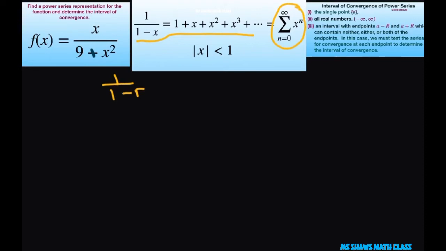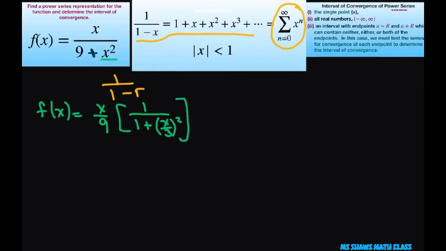So I'm going to rewrite my function as f of x equals, I'm going to factor out x divided by 9. So when you divide the x by x, that gives you 1. Divide 9 by 9, you get 1. Plus, and then we have x squared here, so I'm going to write this as x divided by 3 squared, because 3 squared is 9. All right.